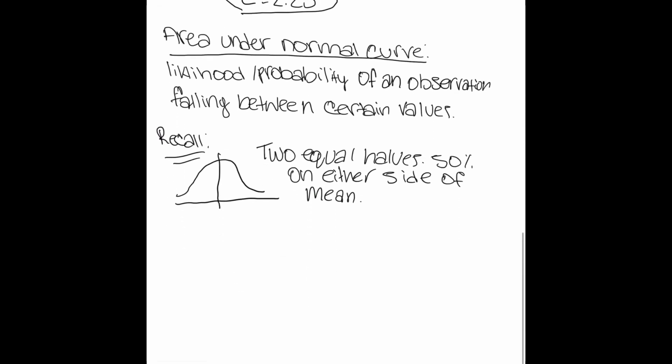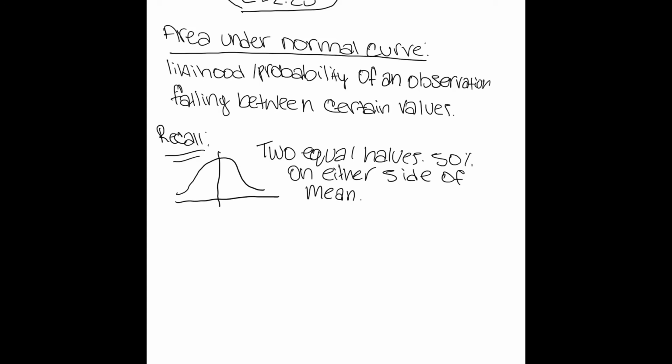Okay, so that's what we need to remember here when we're working with the area under the normal curve. And we can even put in our mean here into the graph to make it a little bit easier for us to visualize. Then we can put in our observation income of 1225.